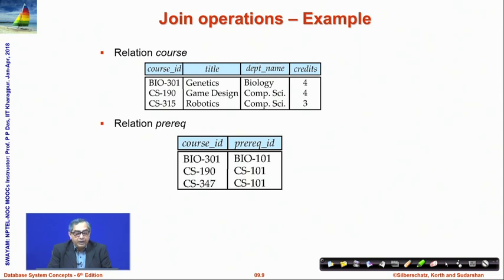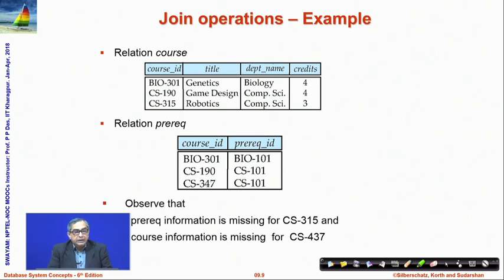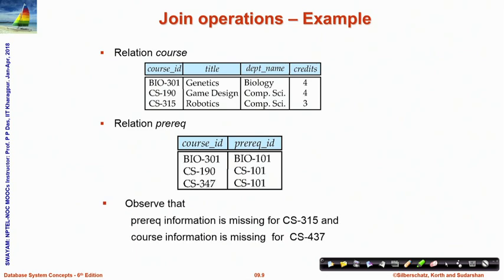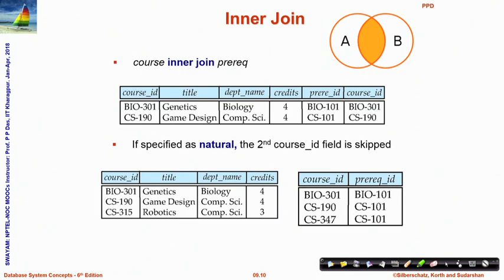Bio 301 and CS 190 are present in prereq, but CS 315 is not present. At the same time, prereq has one tuple specifying the prerequisite of CS 347, which in turn is not present in the course relation.